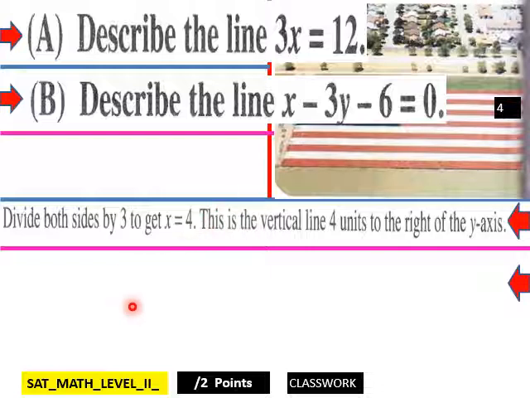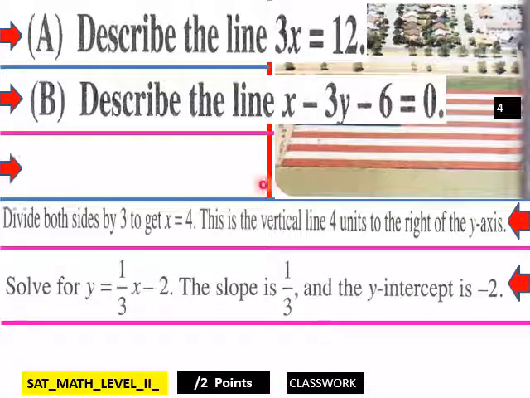When you solve for y and move everything else over, you get y equals 1/3 x minus 2. The slope is 1/3, and the y-intercept is -2.